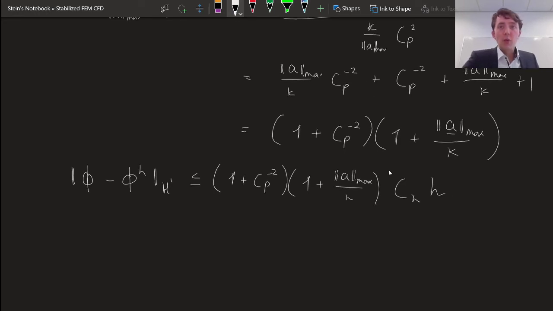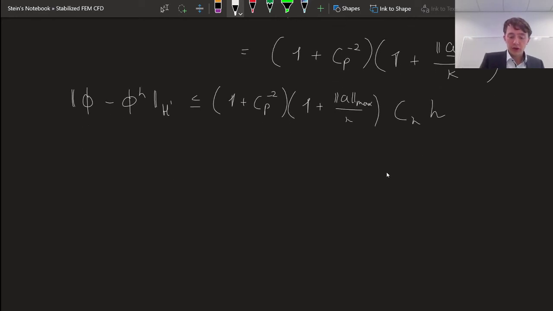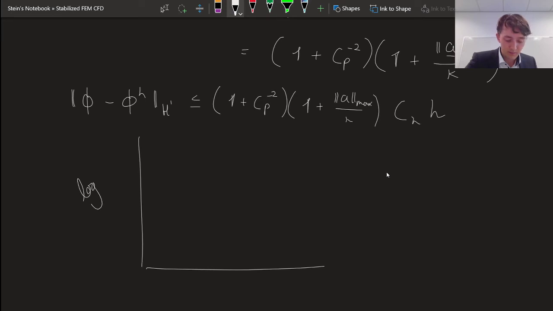So if we then draw what we expect our error convergence to look like, what we typically do is we take the log of both sides. So we take the log of our error, and we take the log of our mesh size, h, and then these are going to be straight lines.